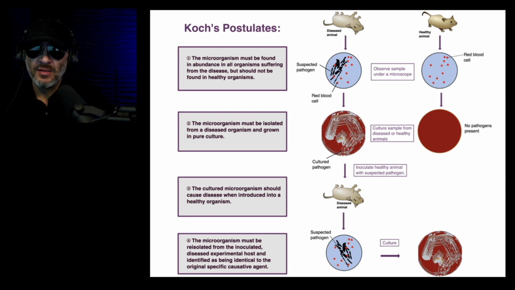If, in fact, Koch's postulates have not been met, what does that mean? Well, it means that SARS-CoV-2, the virus, may not necessarily be causing this horrific disease that we see people suffering from in the hospital.